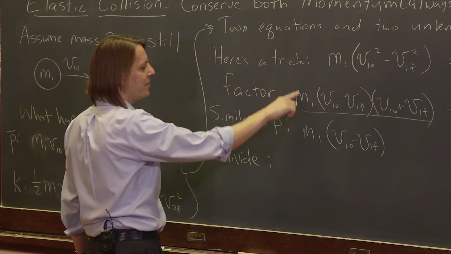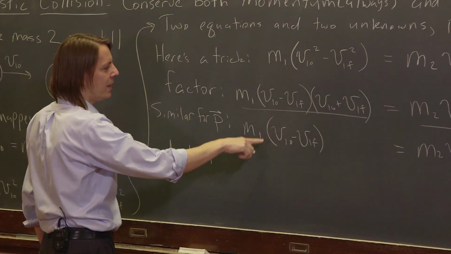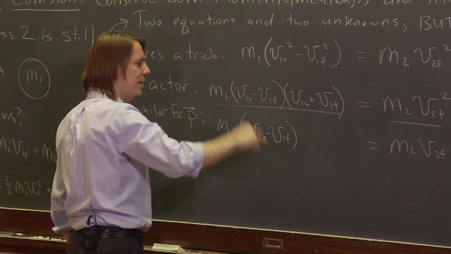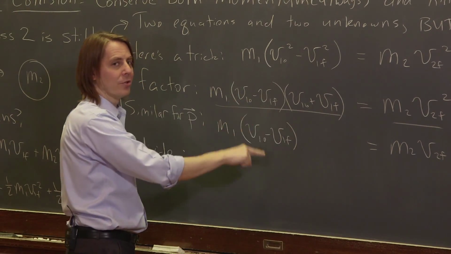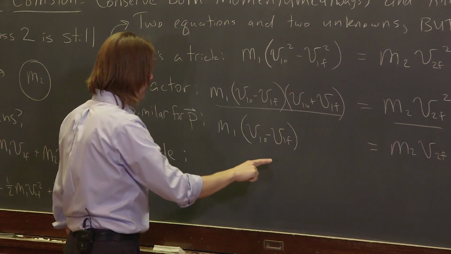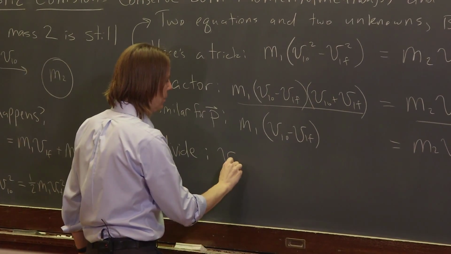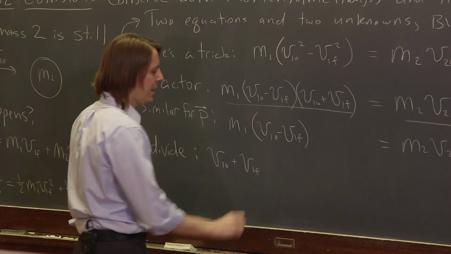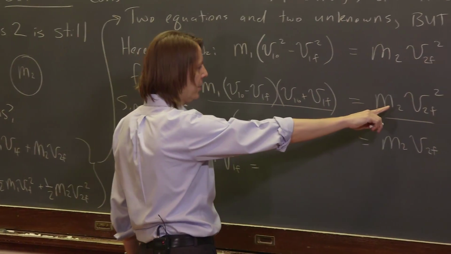If we divide these, you can see the masses m1 cancel, and this part of the factorization of the difference of two squares cancels. This is where we get rid of the squared part on the left. So all that cancels, and we just have v1 naught plus v1f. And on the right, what do we have?